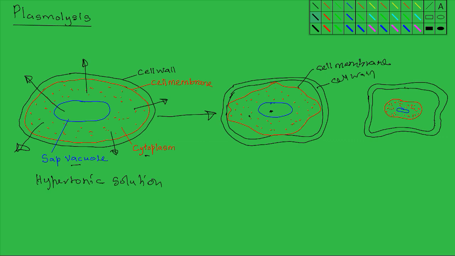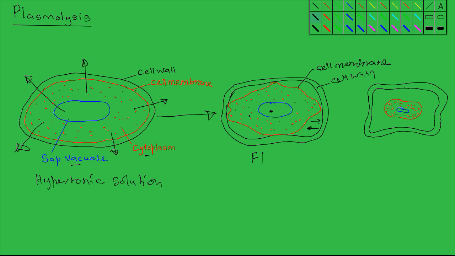Now, such a cell is said to be flaccid, one that has lost its turgidity. Remember, turgidity is achieved when the turgor pressure equals wall pressure. But as a result of plasmolysis, there is loss of turgidity, and with that loss of turgidity, the cell becomes flaccid.